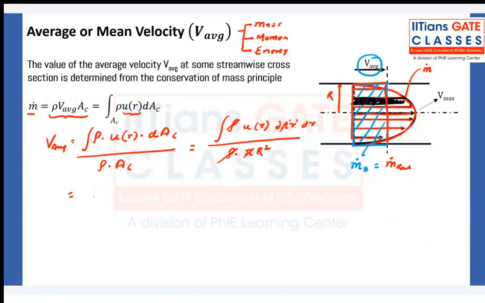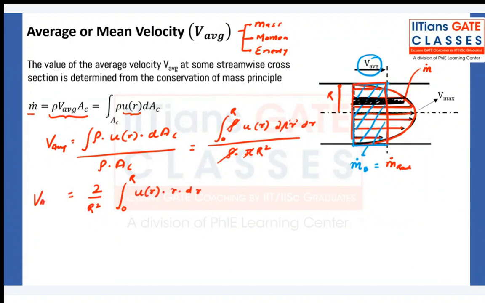The 2 comes out, R square comes out, and the integral is from 0 to R, because r is equal to 0 at the center and r is equal to capital R at the boundary, of u(r) r dr.